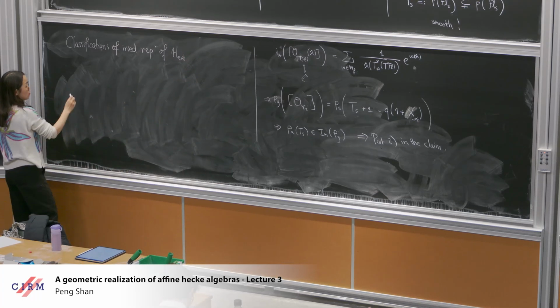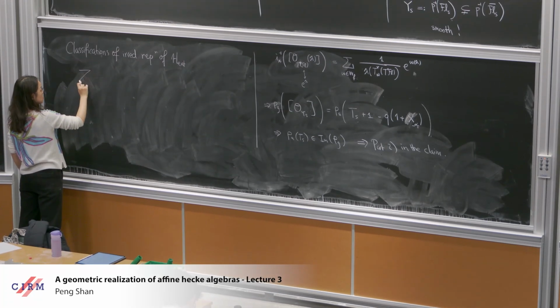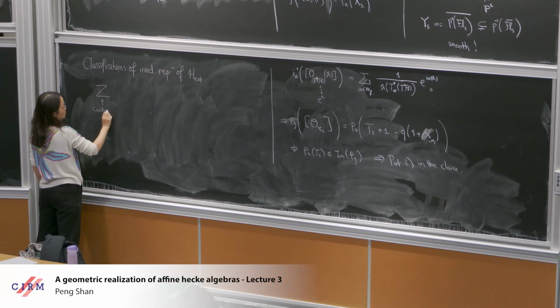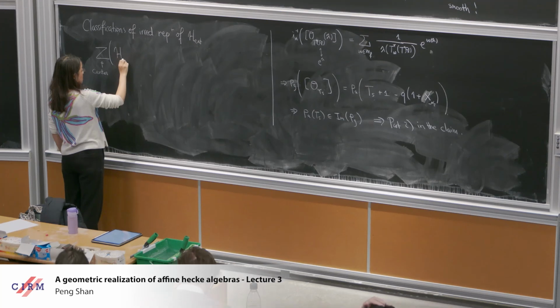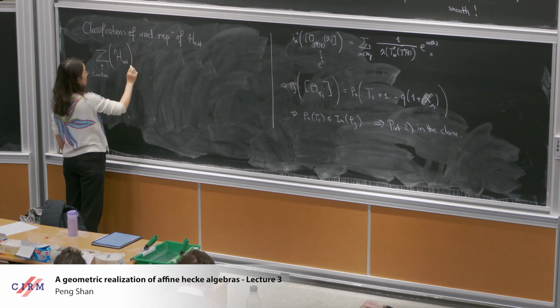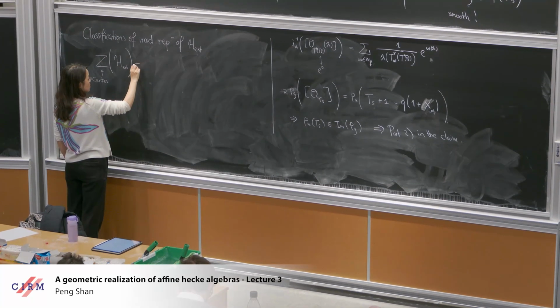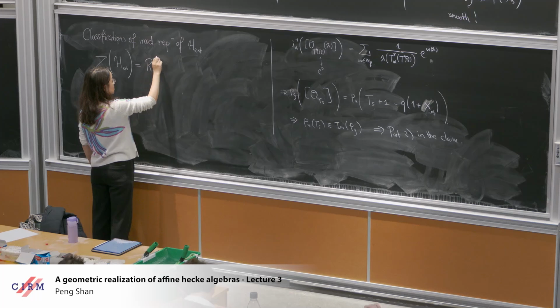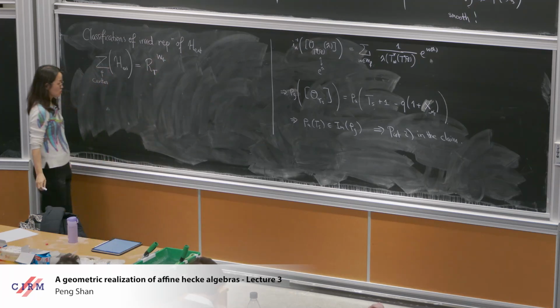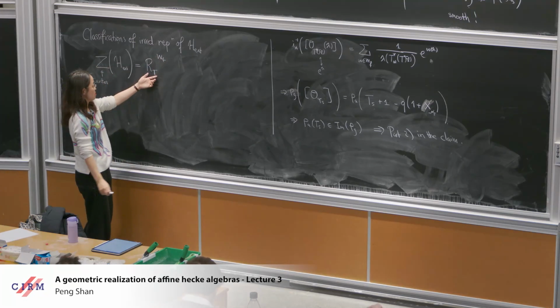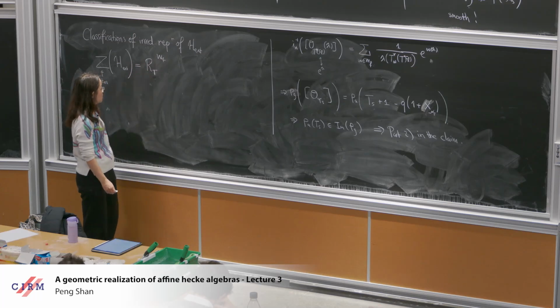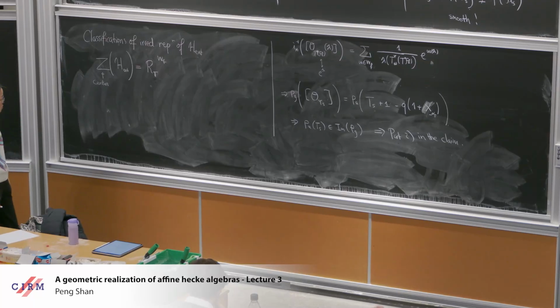On the first day, we have seen that the center, so now this stands for center, inside of this extended affine Hecke algebra identifies with the invariant polynomials in this Laurent, in this character ring. So this is the thing generated by q, q inverse and all the X lambda, taking invariants by the finite Weyl group.